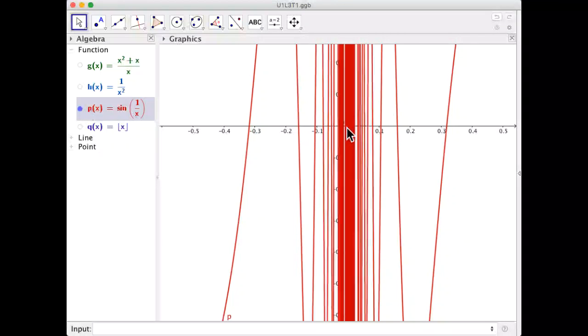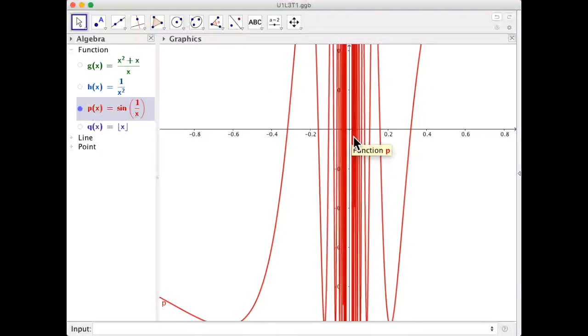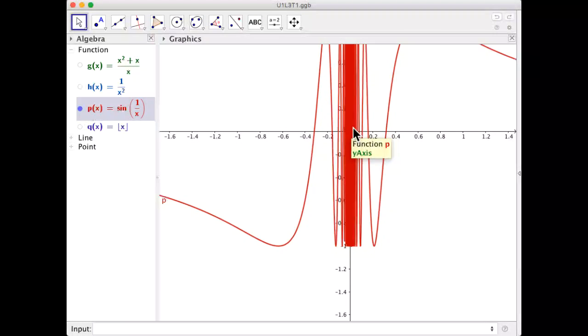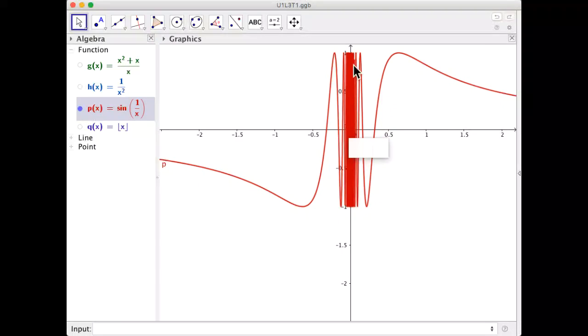It's not removable because there's something about it that's kind of almost infinite in a not vertical asymptote kind of way, right? The closer it gets towards the discontinuity, the more it oscillates. It gets busier and busier and busier. In fact, it gets infinitely busy as it gets towards that center point, but never actually touches it.